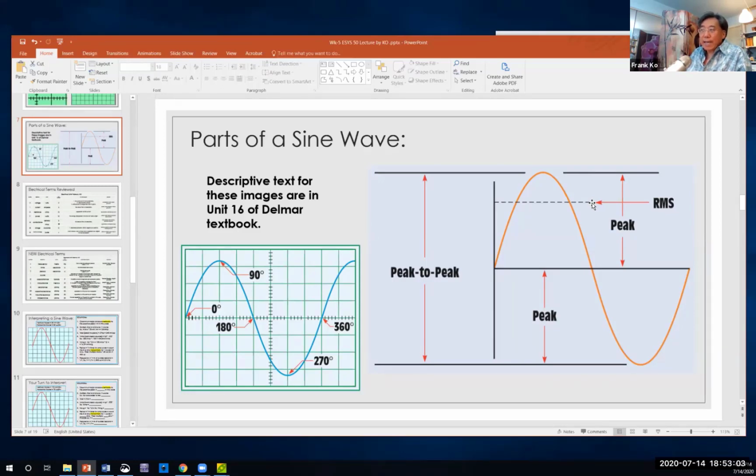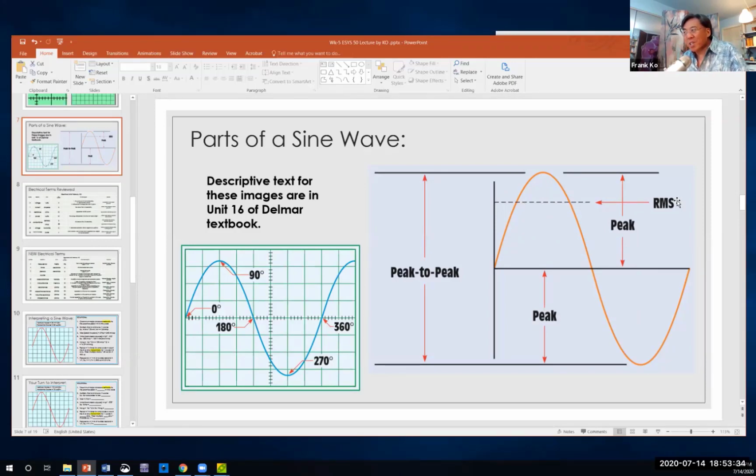So a DC at 120 volts would generate the same amount of heat as 120 volts RMS. So your wall outlet is 120 volts RMS. Your wall outlet is this waveform. You can't read this waveform from your outlet because you don't have an oscope. You do have a multimeter, and your multimeter will measure the RMS version of this waveform. And I'll show you how to do those calculations. It's really, really easy. Okay.